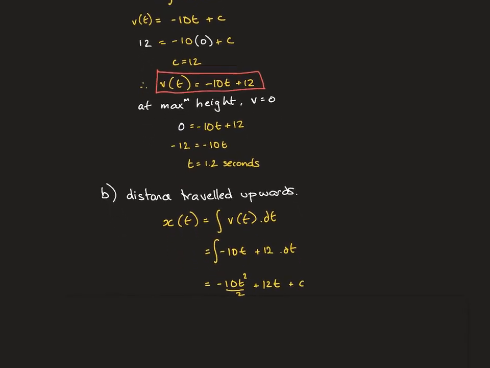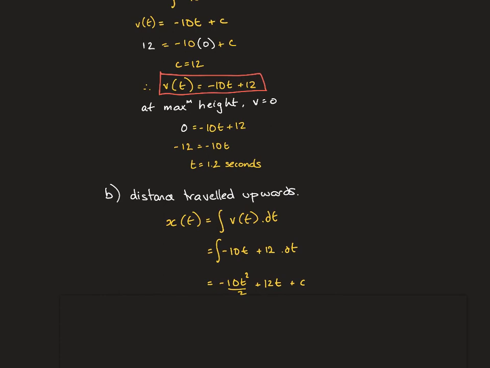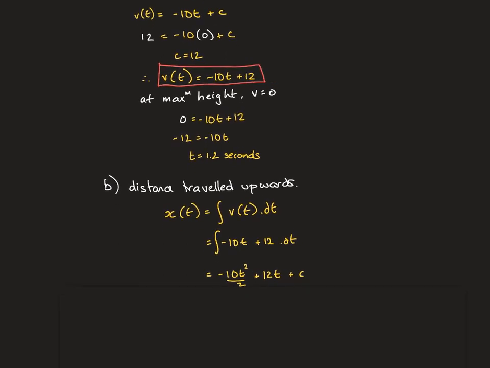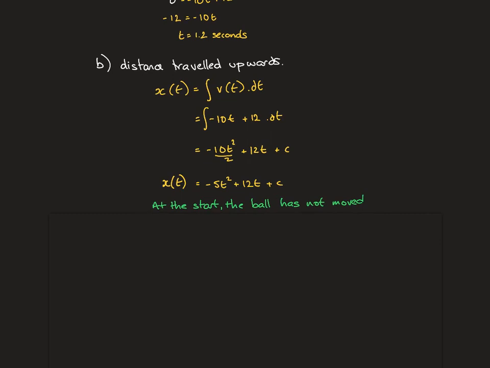So what can we use? What do we know about a given distance at a particular time? Well, what we do know is that at the start, the ball hadn't moved at all. So at t is equal to 0, the ball has moved no distance at all.